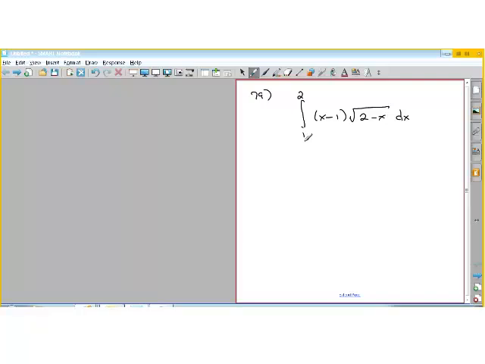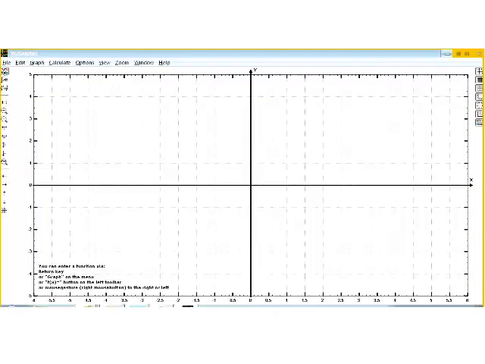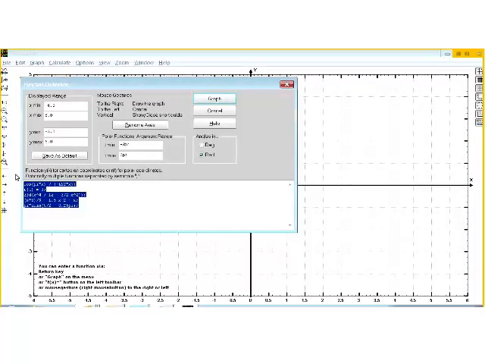So let's plot this. Hold on just a second. I'm going to plot what this thing looks like. Let me stop sharing it, start sharing it. Okay, so the function is x minus 1 times the square root of 2 minus x, and I'm going to go between x equals 1 and x equals 2.